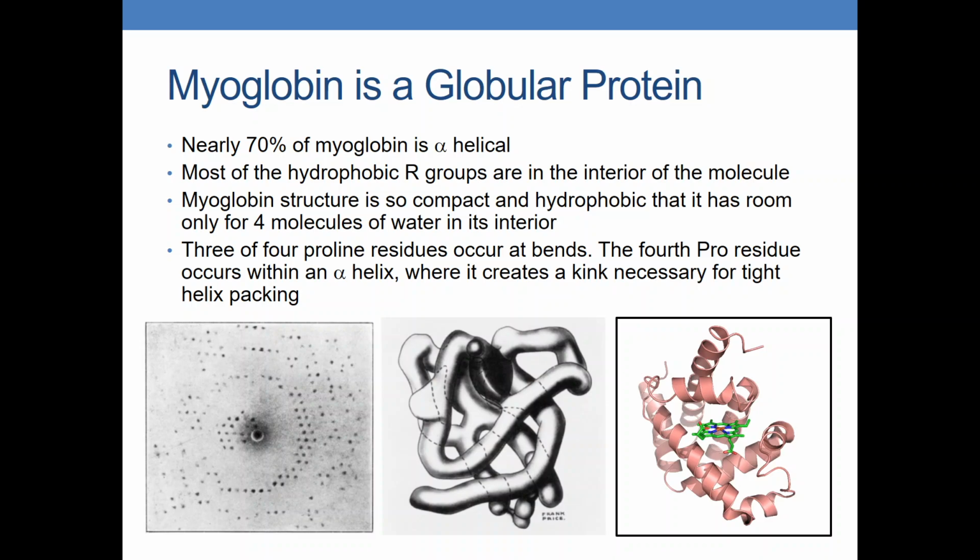This is the form that binds oxygen. Remember, this is an oxygen binding protein. Myoglobin binds to oxygen and transports it through muscle tissues so that you can continue doing aerobic respiration. So this thing needs to have iron in the +2 state.